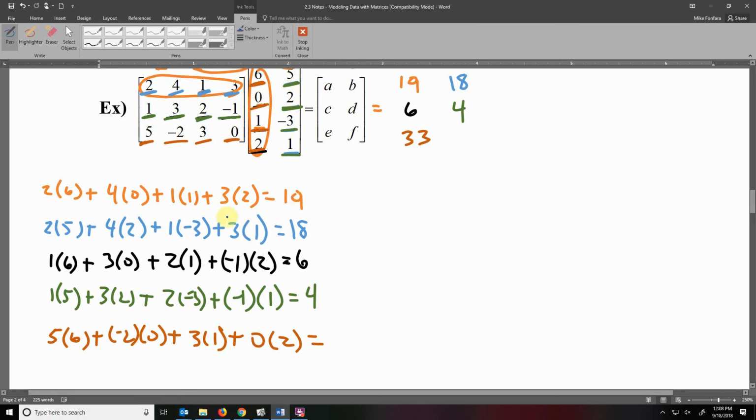And then the same last row by the last column. 5 times 5. Negative 2 times 2. Three times negative 3.